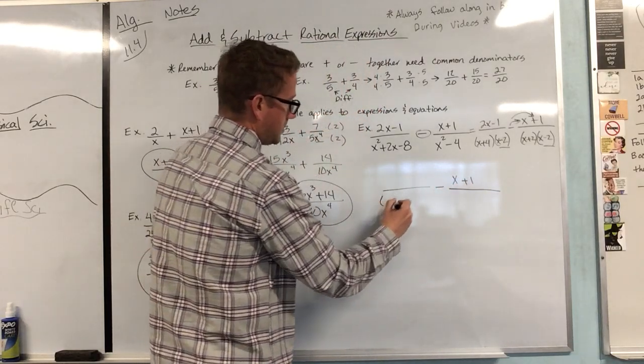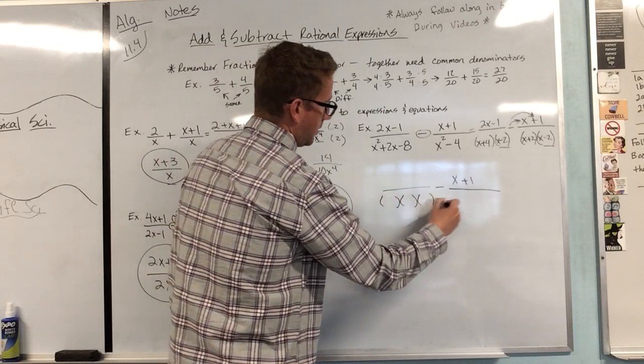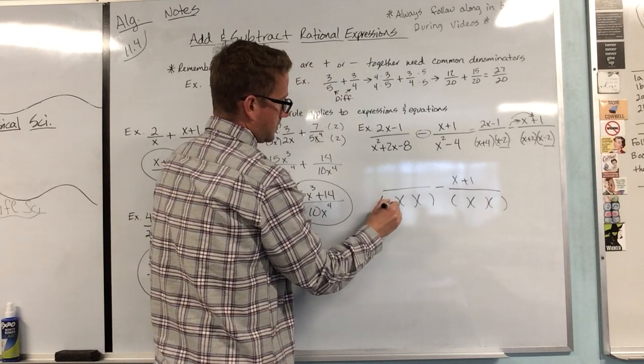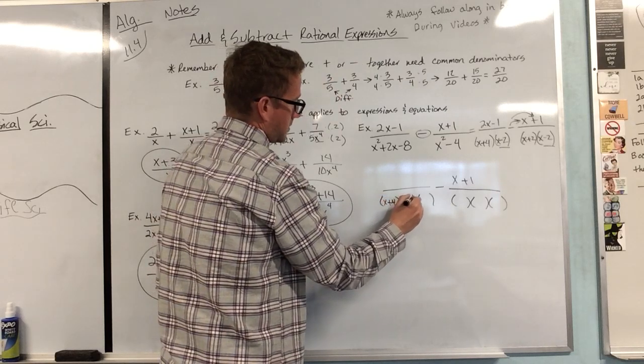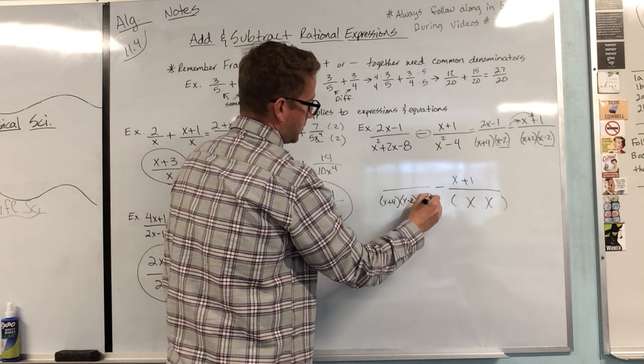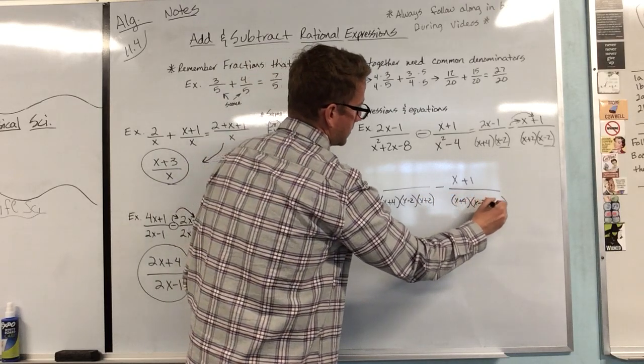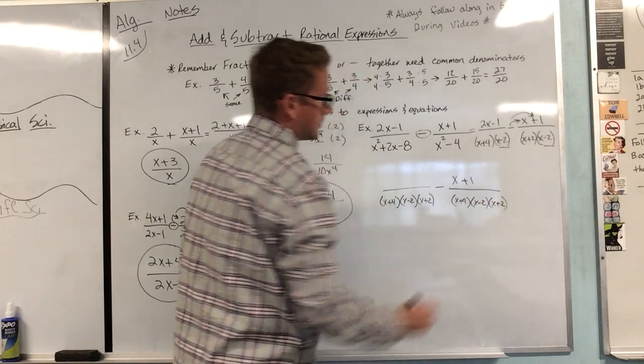Okay, what's my common denominator? I'm going to have all three expressions. X plus 4, x minus 2, x plus 2, x plus 4, x minus 2, x plus 2.